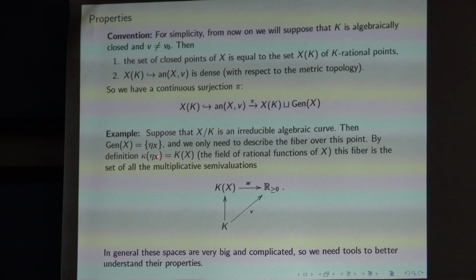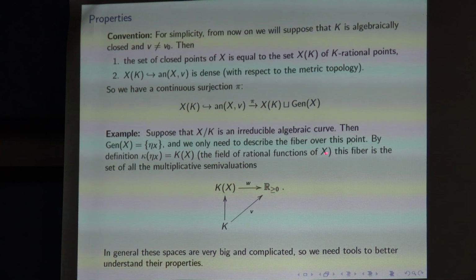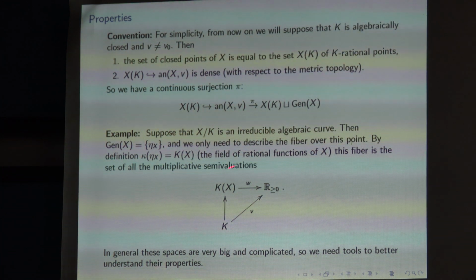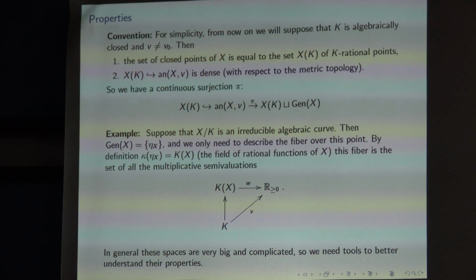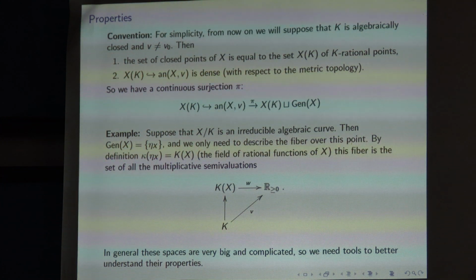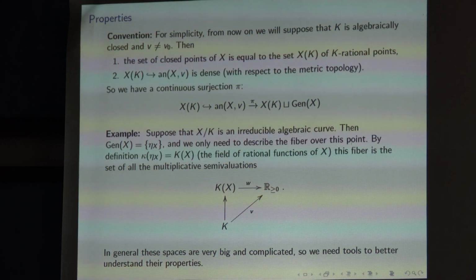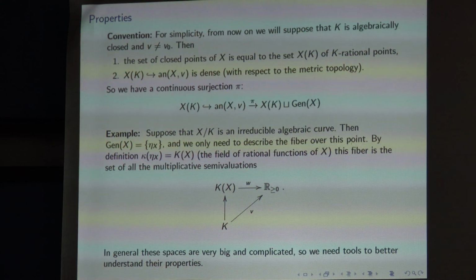And by definition, the residue field of this point is just the field of fractions, the field of rational functions, of your variety. So you are filling up the space with pairs, which is the generic point, together with this valuation. And if you ever have seen a picture of a Berkovich space over a non-trivially valued field, this is like what is between the boundaries.